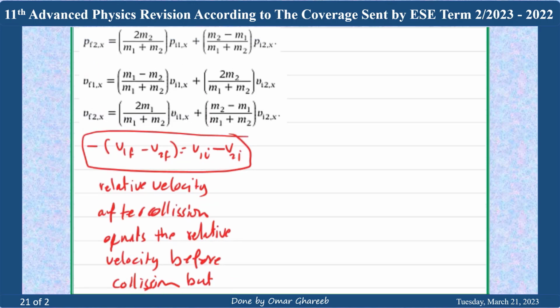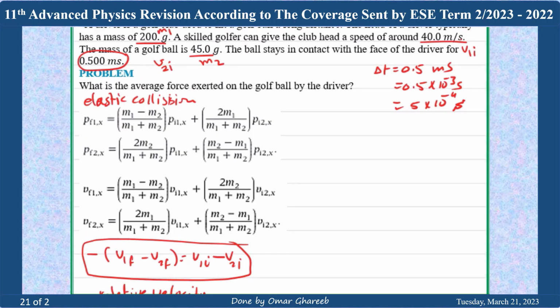Now, if you memorize this equation, you can easily find the velocity of one particle from the other. Here we have information about the driver, which is V1 initial, and V2 is considered to be 0, because before collision the golf ball is at rest.